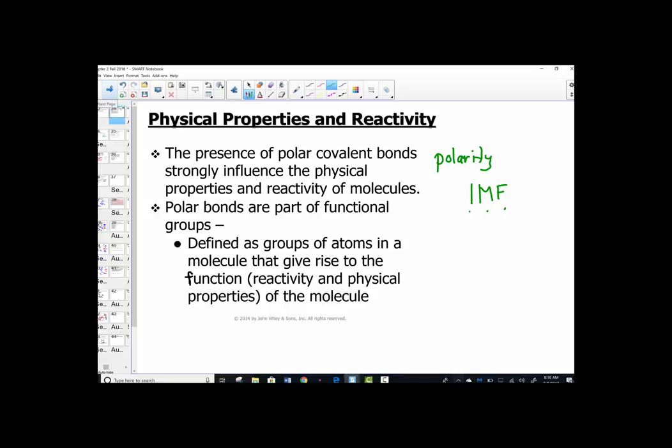So, laying the foundation of a future lesson in the same chapter on IMFs, intermolecular attractions, if you see a polar molecule, you're going to start suspecting things called dispersion forces. We're going to see something called hydrogen bonding.